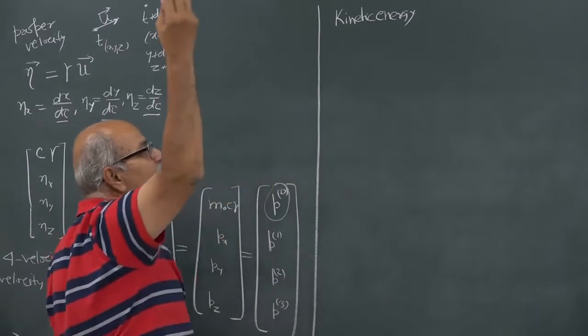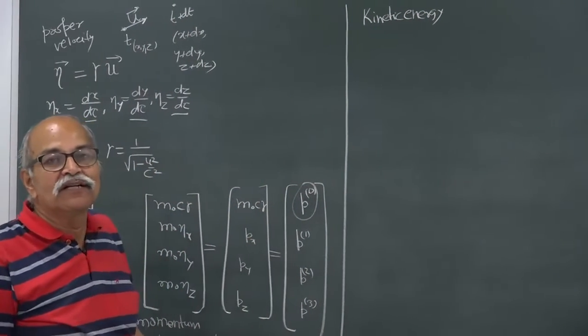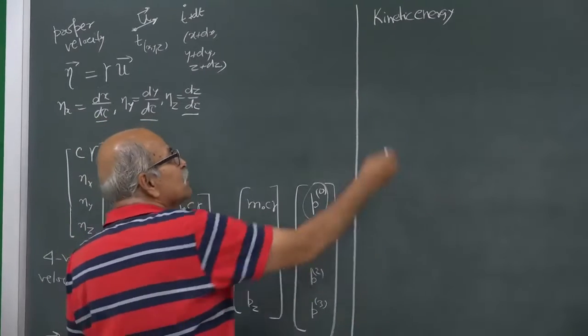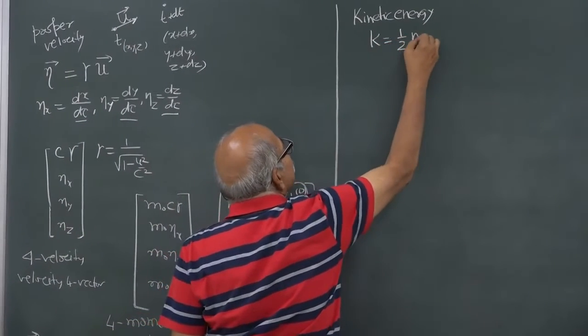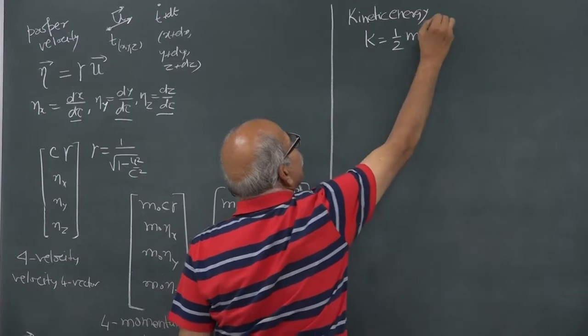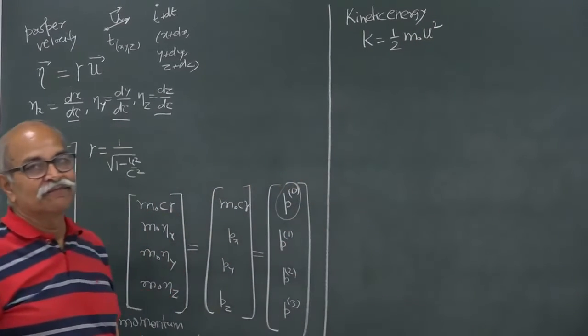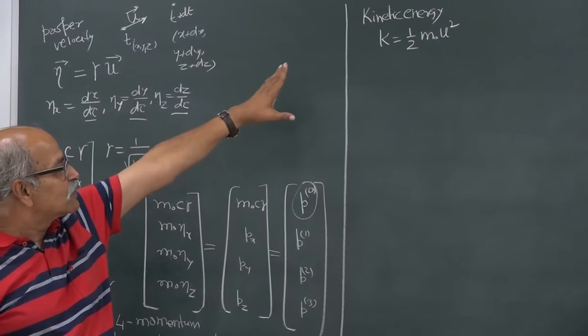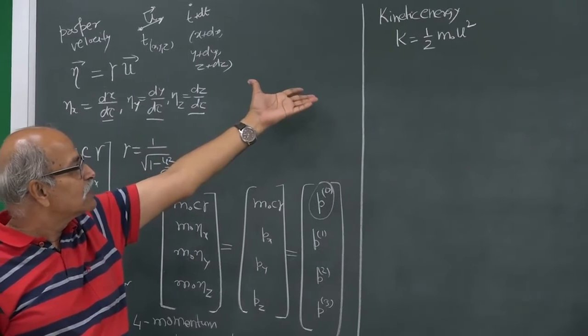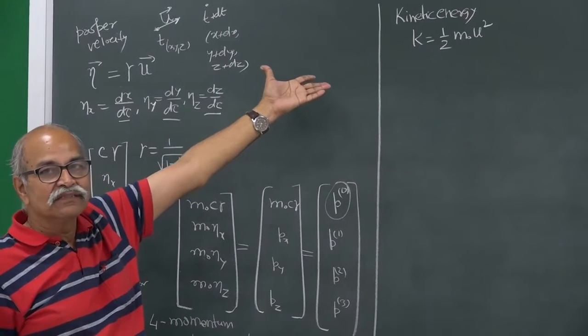In Newtonian non-relativistic mechanics, we know the expression is very simple, half times mass times speed square, that is kinetic energy. How do I get this expression in non-relativistic Newtonian mechanics?